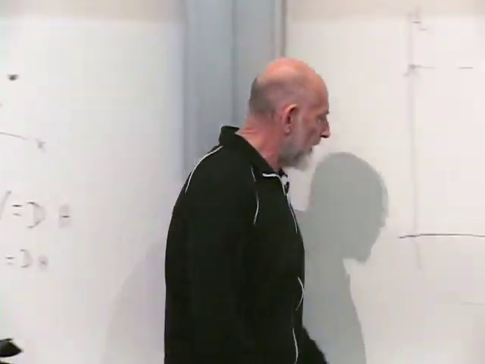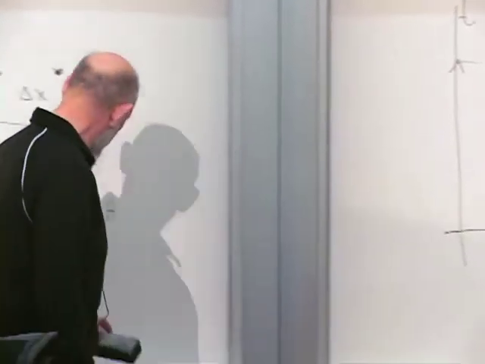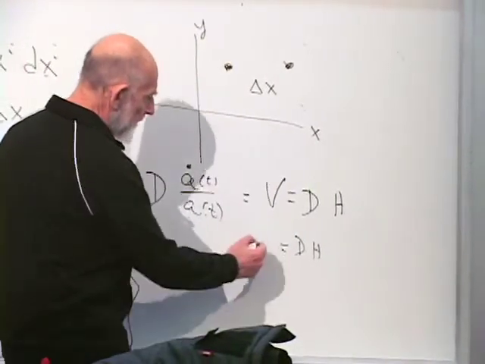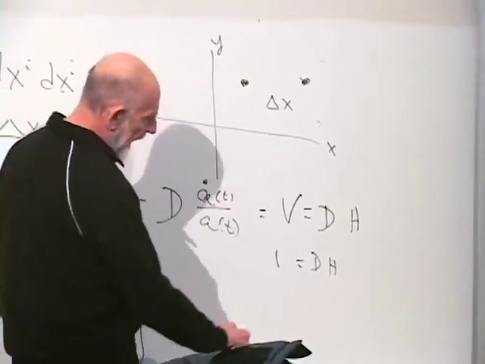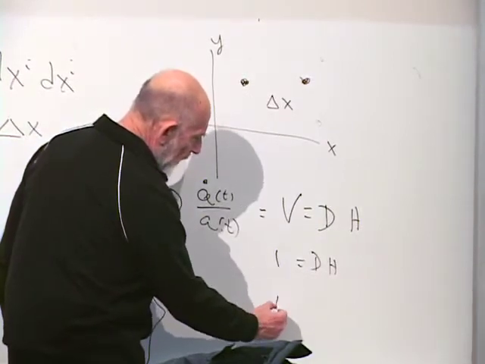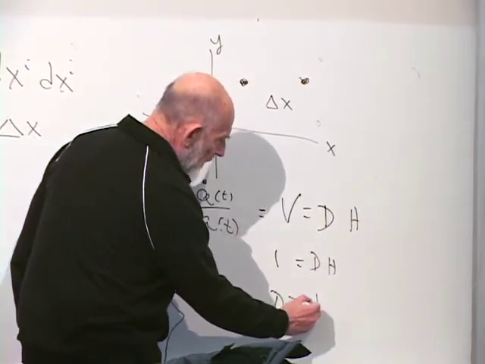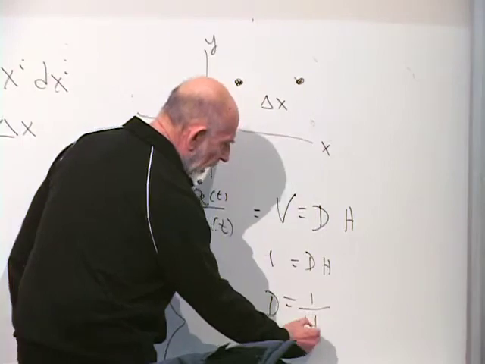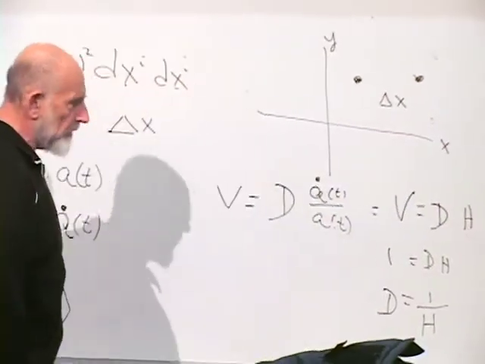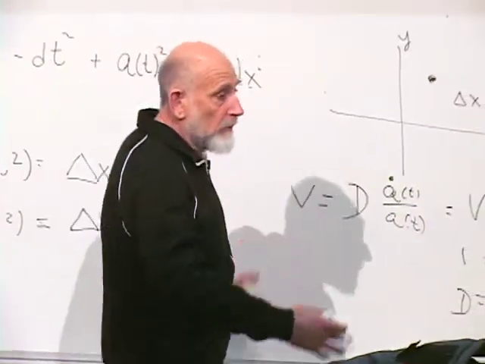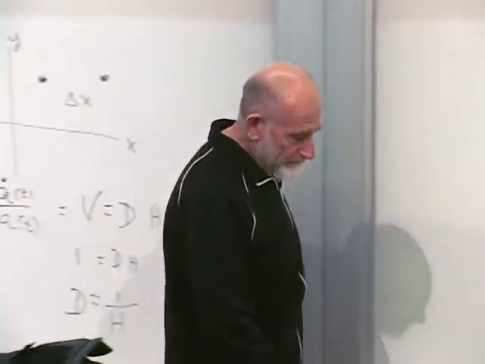Let's set the speed of light to 1, as we usually do. Then at a distance equal to 1 over the Hubble constant at that instant of time, things are moving away from you at the speed of light.